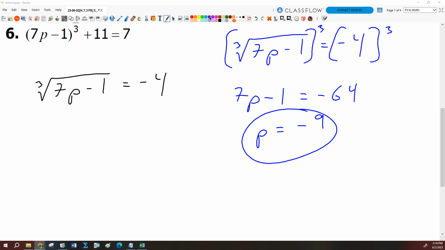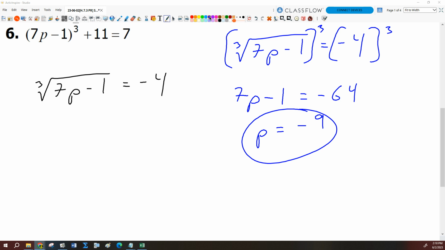The books always say to check it, and you should, except do you think you're ever going to have a problem when you're taking both sides to an odd power? I guess it might be possible if you had a higher polynomial. I haven't thought this through, but I don't think you can. I think you're always going to be okay. But just to play it safe, you should probably check it.